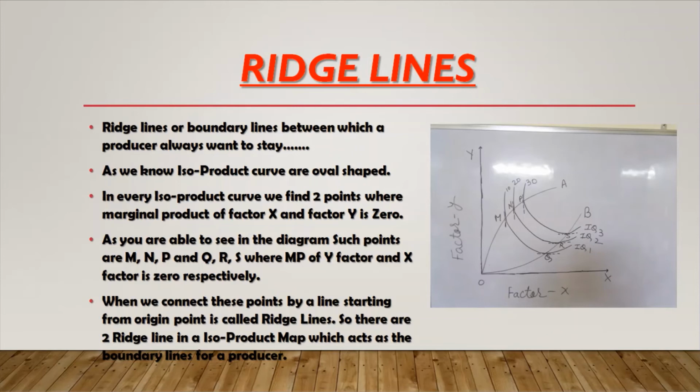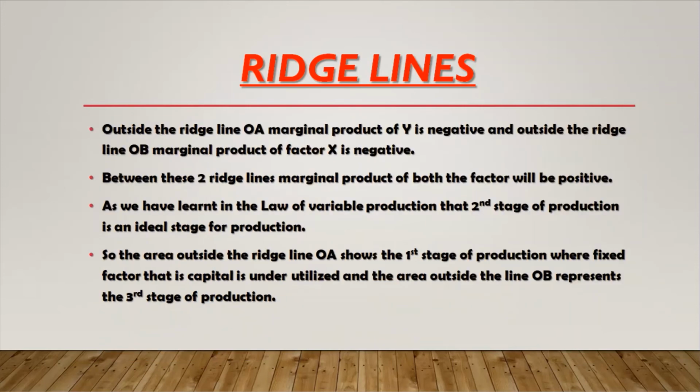As you can see in the diagram, such points are M, N, P and Q, R, S, where MP of factor Y and factor X is 0 respectively. When we connect these points by a line starting from the origin, the line is called a ridge line. So there are 2 ridge lines in an isoproduct map which act as the boundary lines for a producer.